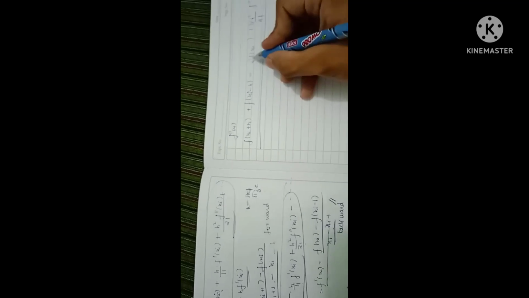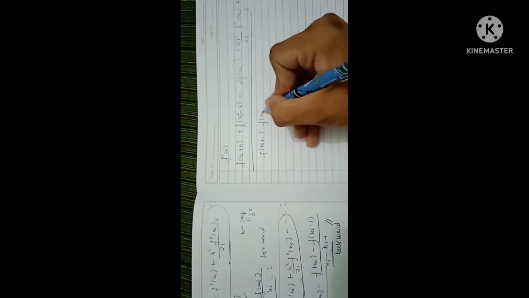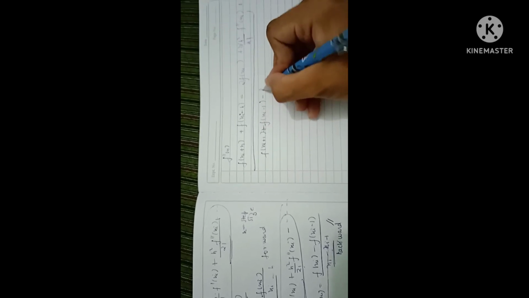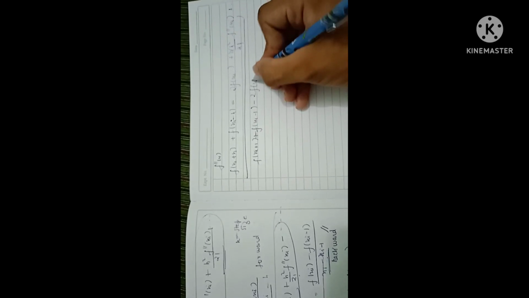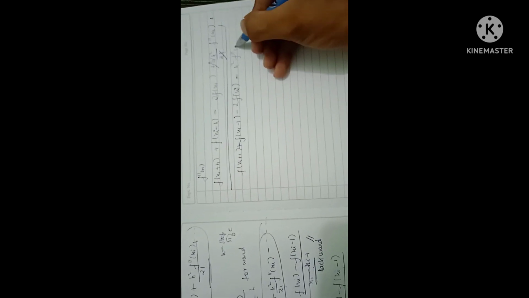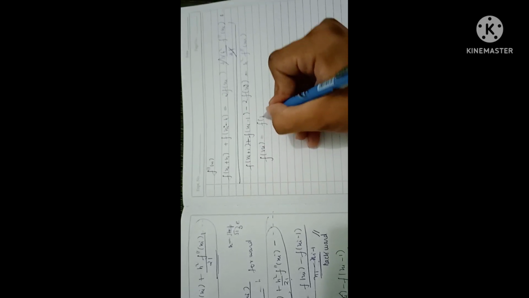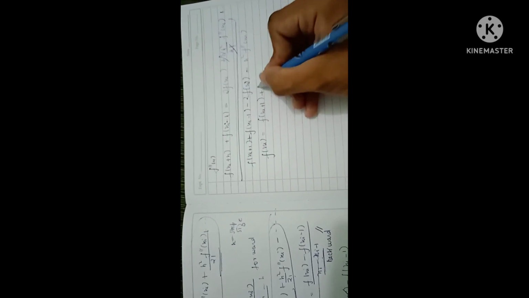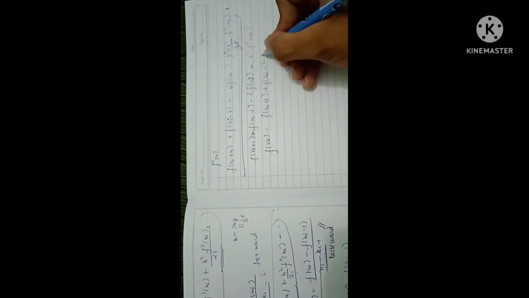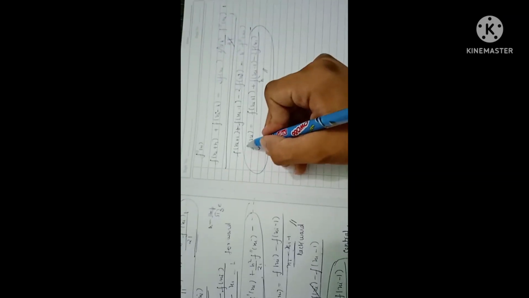So f of xi plus 1 plus f of xi minus 1 minus 2 of f of xi, 2 and 2 cancel because 2 factorial is equal to 2, is h square f double dash xi. So f double dash xi is equal to f of xi plus 1 plus f of xi minus 1 minus 2 f of xi upon h square.